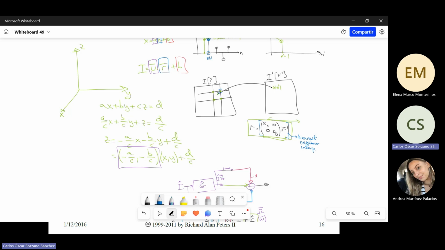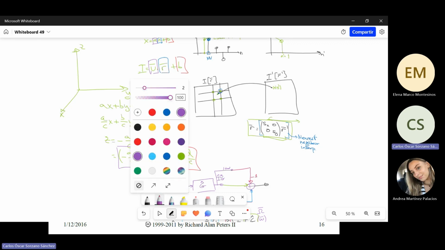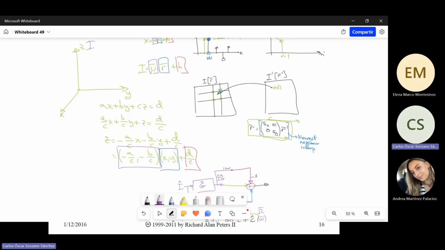These are our coordinates. And now if instead of saying z there, you say this is my image, then what you have is that your image is equal to that.